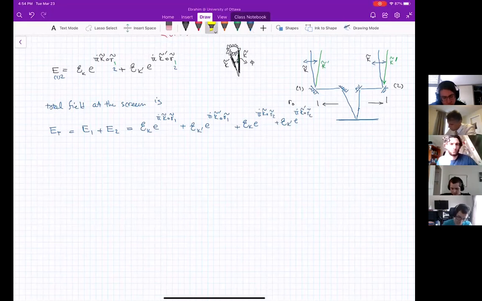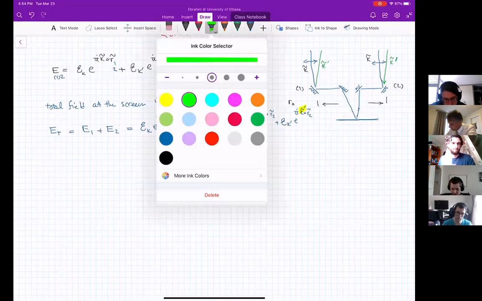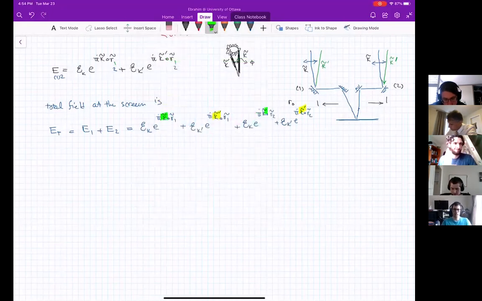Good. So two of them have K prime, and the other two have K. One of them has r_1, the other one has r_2. And that's the contribution that you will get at the screen, okay? And this is the field here at the screen.